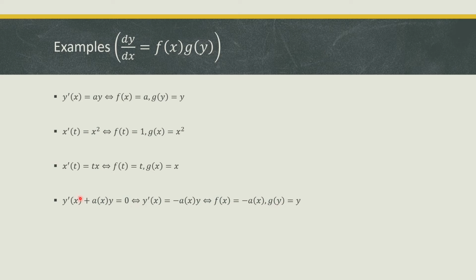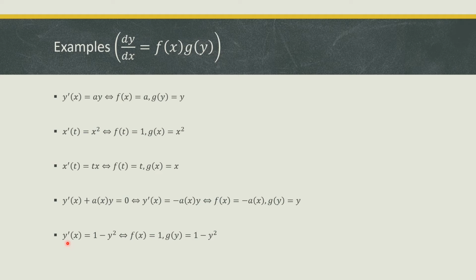So again, even if it looks different, this is still a variable separable differential equation, because we can express it in this way, where on one side there's the derivative and on the other side is a product of two functions, one function of x's and the other function of y's.